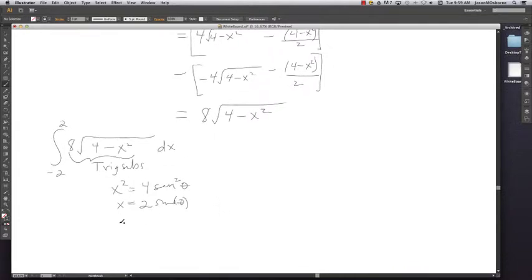And then dx is equal to 2, derivative of sine of theta is cosine of theta d theta. So if you're going to make the substitution here, I would do 8 square root 4 minus x squared, that would be 4 minus 4 sine squared of theta. And then dx is equal to 2 cosine of theta d theta.